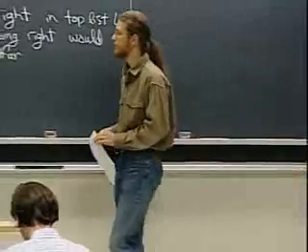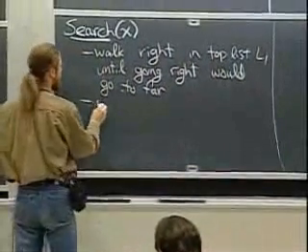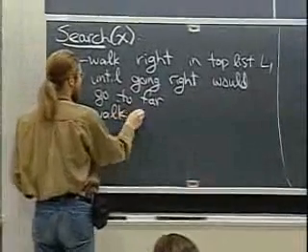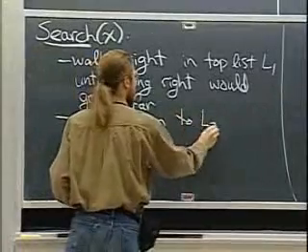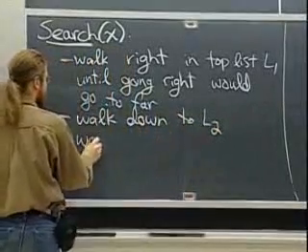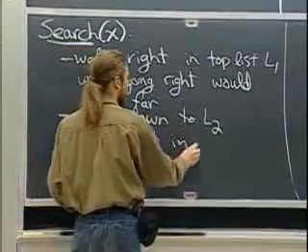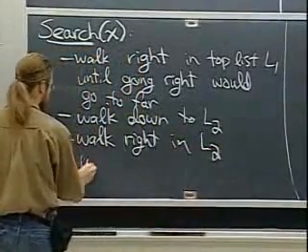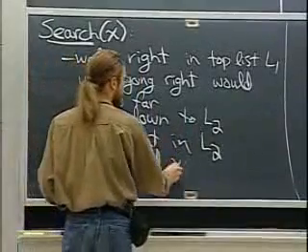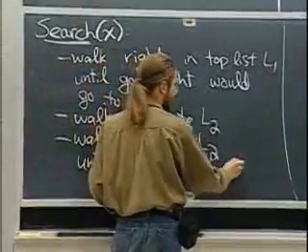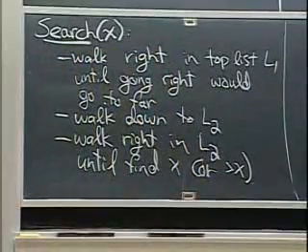So that's the algorithm. Stop when going right would go too far. You discover that with a comparison. Then you walk down to L2. And then you walk right in L2, until you find X, or you find something greater than X, in which case X is definitely not in your list, and you found the predecessor and successor, which may be your goal.